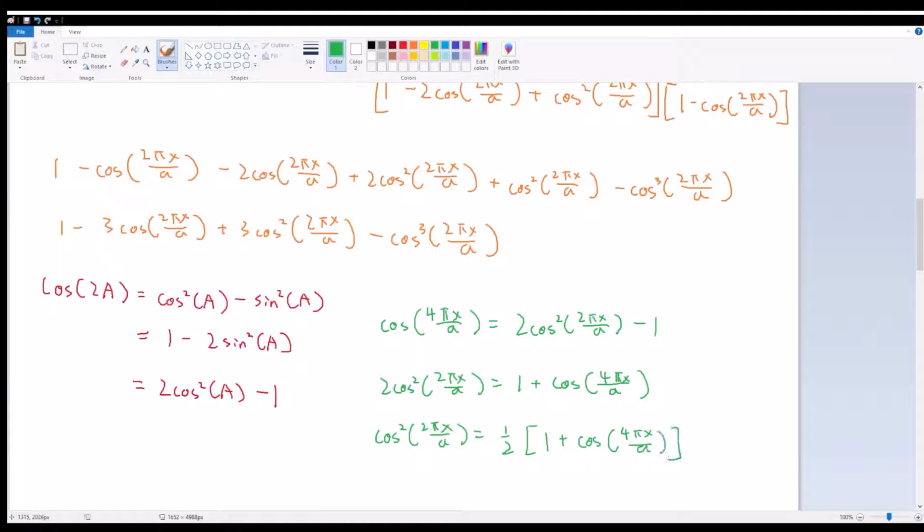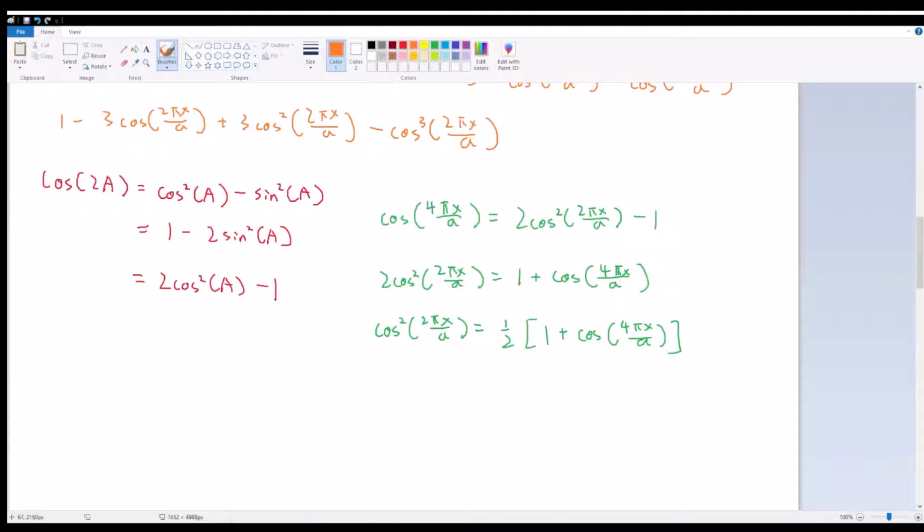So if I apply that over here, what this is going to give me is 1 minus 3 cosine 2 pi x over a plus 3/2 times 1 plus cosine 4 pi x over a.